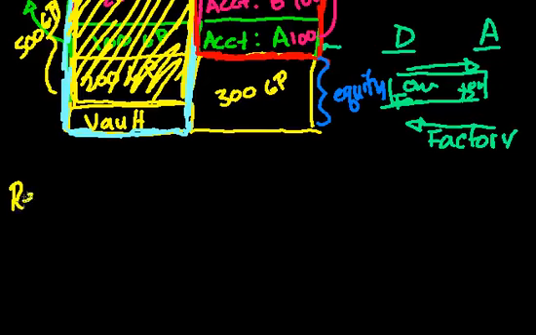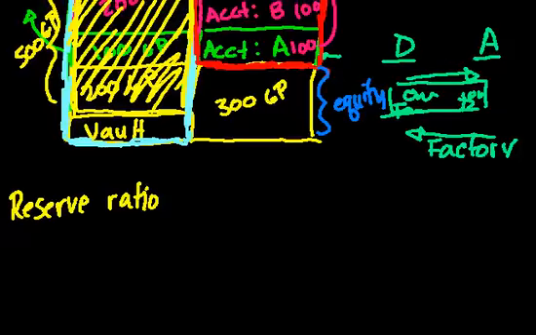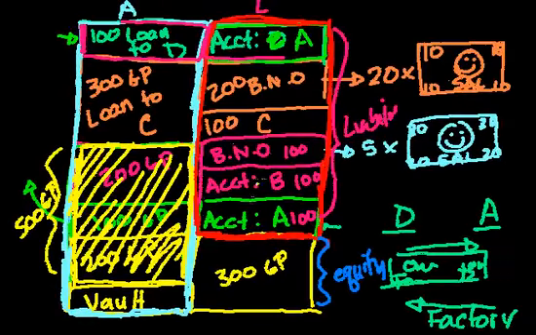Reserve ratio. Now let's think a little bit about what even a reserve is. A reserve is something that you keep aside because you might need it one day. In this situation, all of these liabilities, whether they're these bank notes outstanding, or these checking accounts, these demand accounts, are liabilities that someone can come back to the bank on any given day and say, hey, I want my gold now.